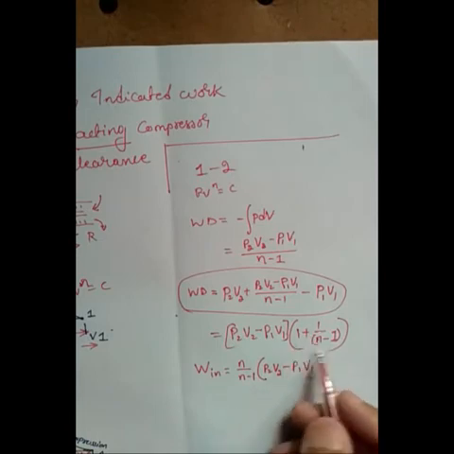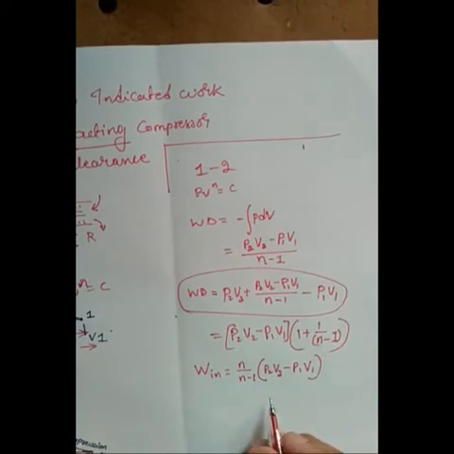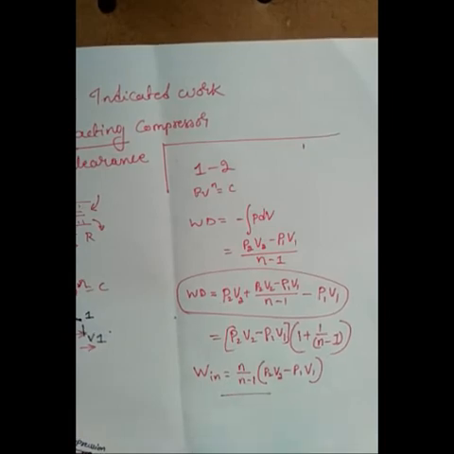So this is after modification of this 1 plus 1 by n minus 1. So this is an important step. So we got the W equation.